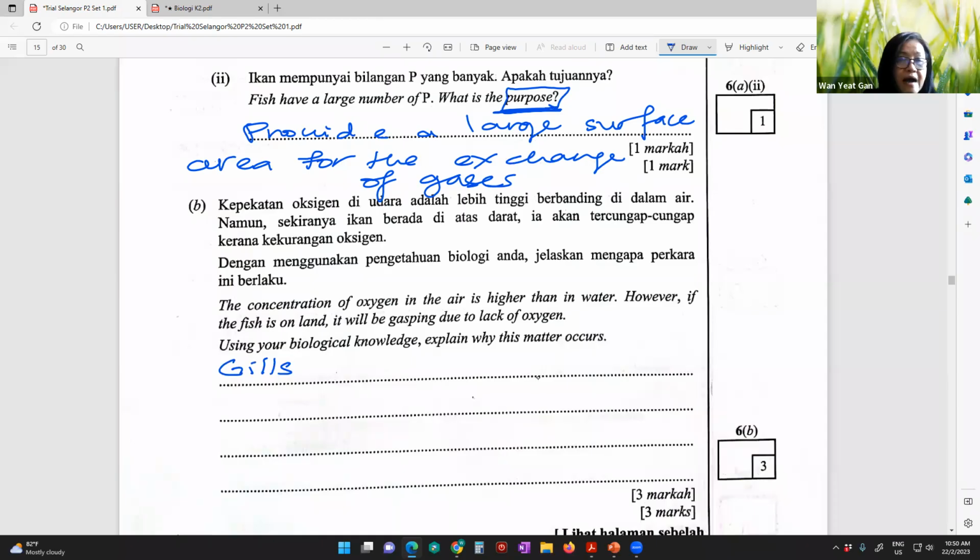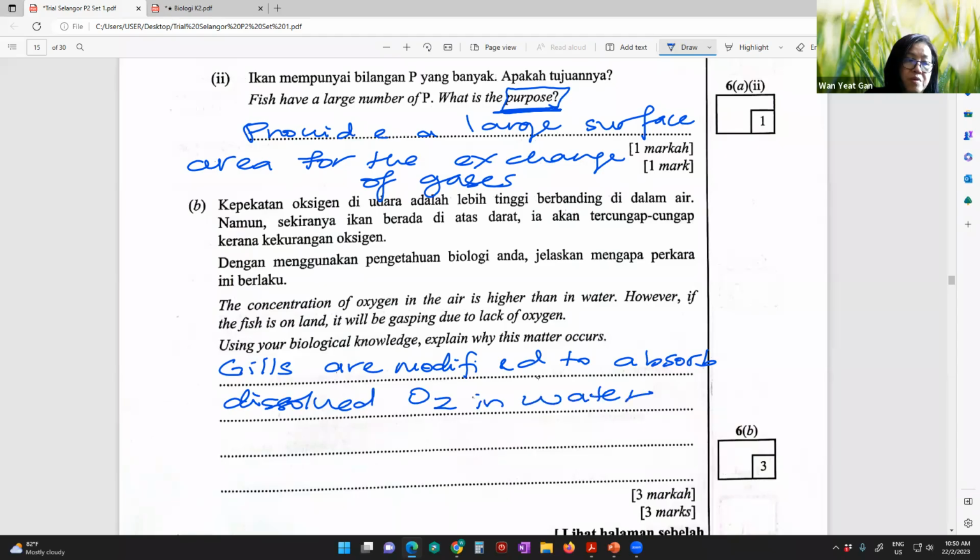So their gills are modified to dissolve oxygen in water. Okay, and that means the gills cannot absorb oxygen in the air.